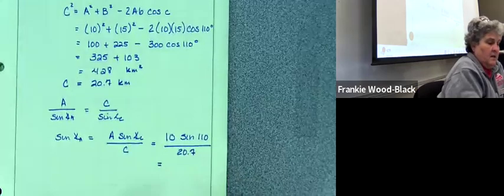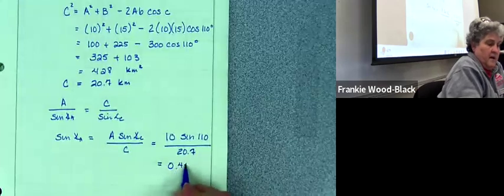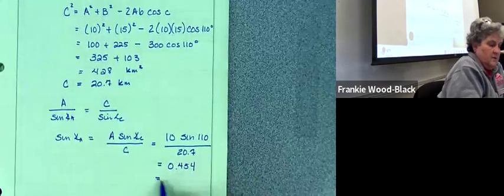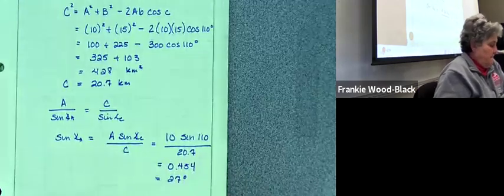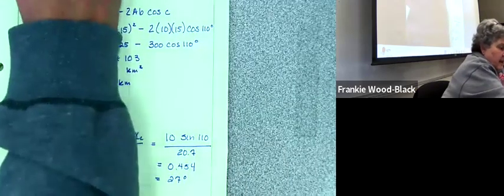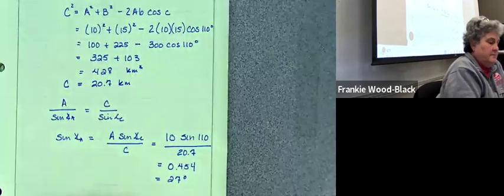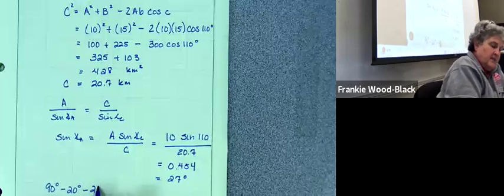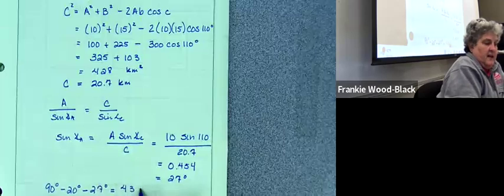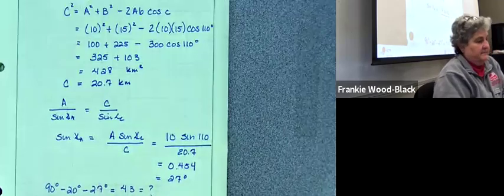And that will give me 0.454, which will be 27 degrees. And if I want to know this angle, I'm just going to take my 90 degrees minus my 20 degrees minus my 27 degrees. And that gives me 43 degrees. And that's the angle, that's the question mark.